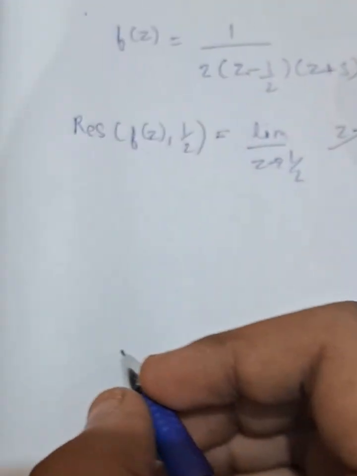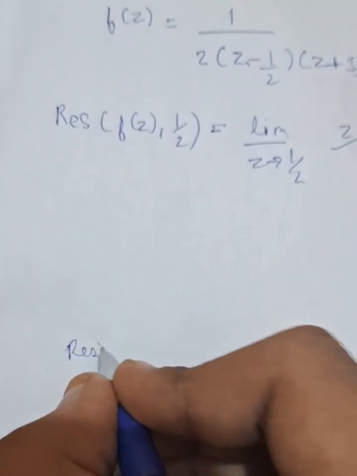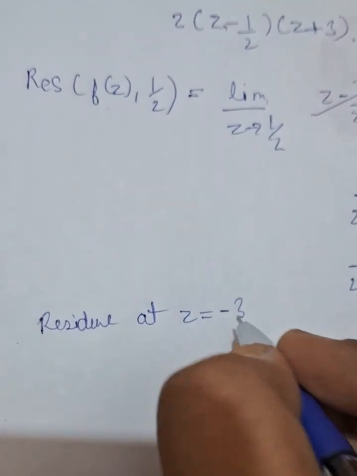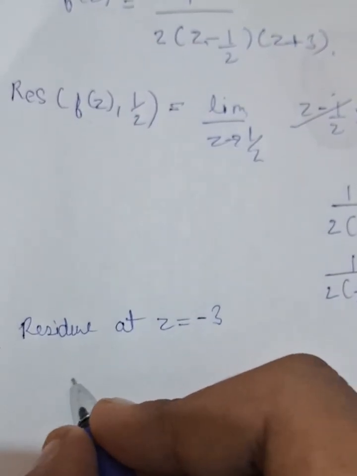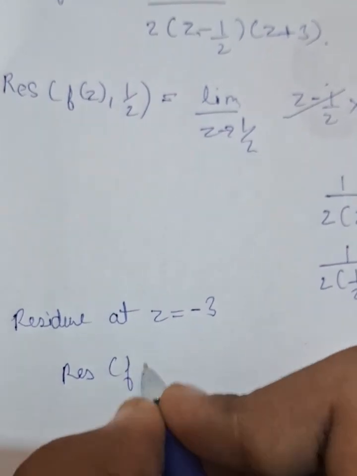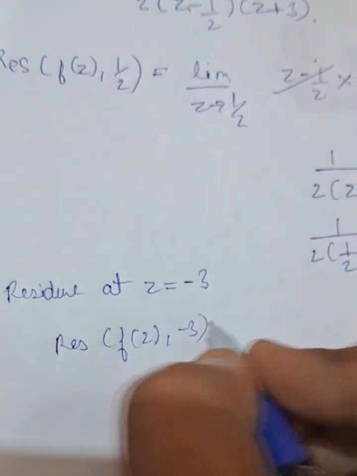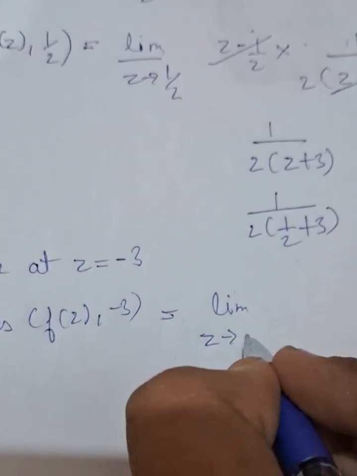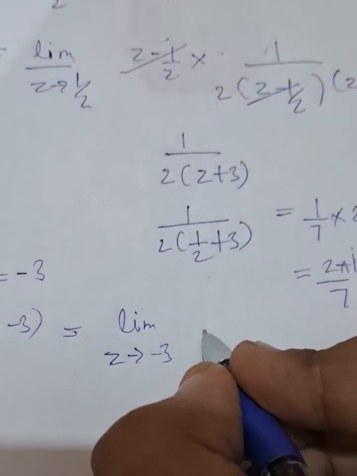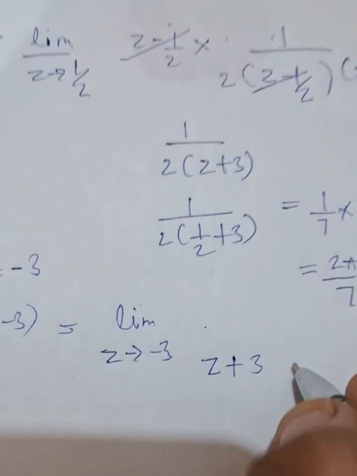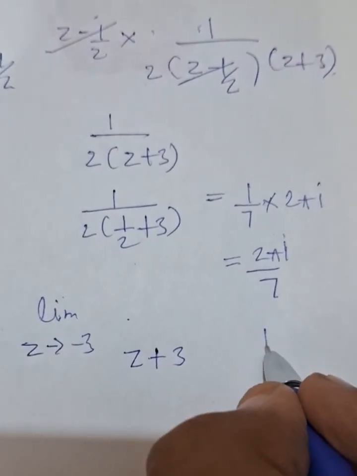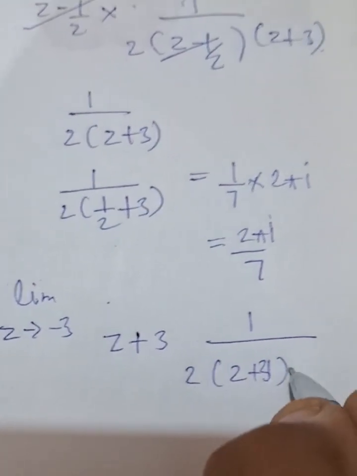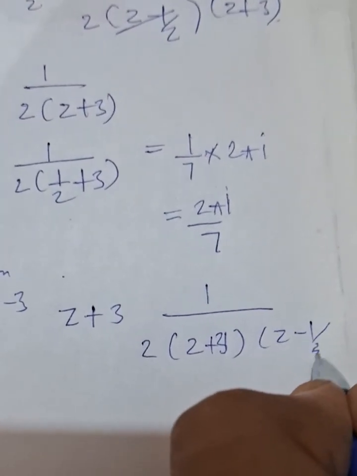Now we will check the residue for the point minus 3. We will apply the same thing, basically the residue of f(z) at minus 3. So it will be the limit as z tends to minus 3 of (z plus 3) times the function, where we write the equation as 2z plus 3 and z minus 1 upon 2.